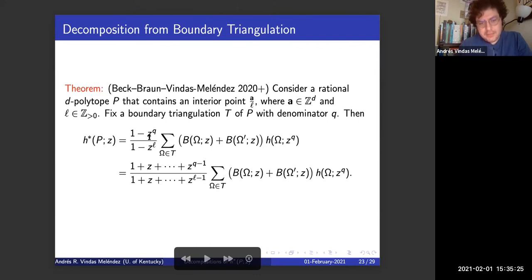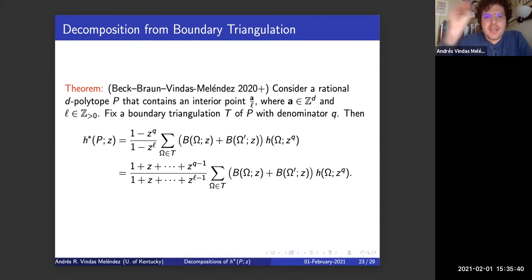It's some rational function times the sum of the box polynomials of all my faces in the triangulation, plus the box polynomials of the faces in the triangulation with that specified point times the H polynomial of the faces in the triangulation, okay? Now, this looks very similar to the stuff in the beginning, but we're gonna use this later on in an application. But I'll give you an example of how this works, yeah?